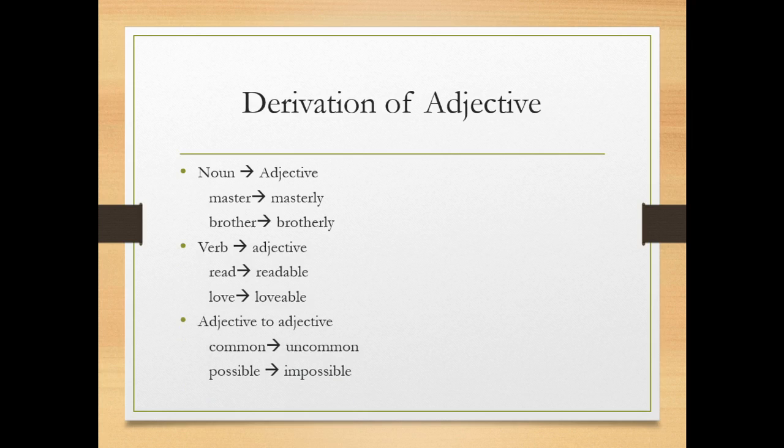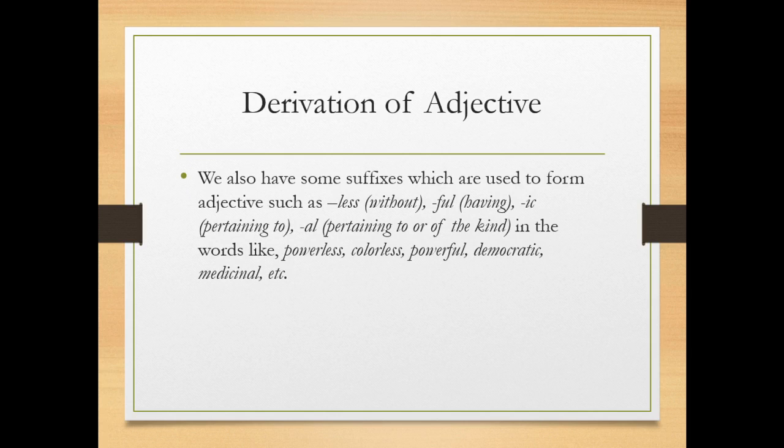A noun can be made an adjective: master, masterly; brother, brotherly. A verb can be made an adjective: read, readable; love, lovable. Adjective into adjective: common, uncommon; possible, impossible. Again, less, full, al, etc. can be added to other words and then they become adjectives: powerless, colorless, powerful, democratic, and medicinal.